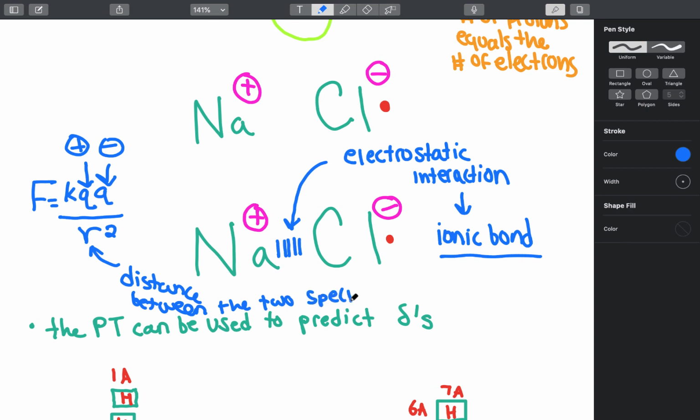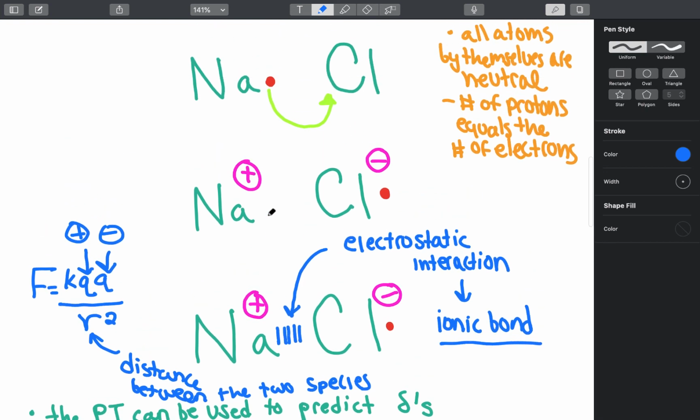And an interesting thing to note is that as the charges increase and the distance between them decreases, the strength of the bond increases. So let's write that down.